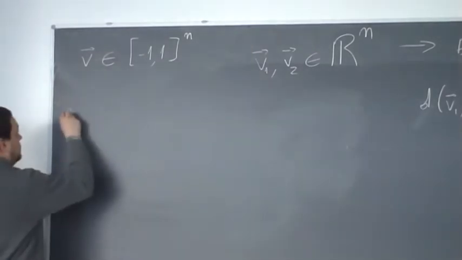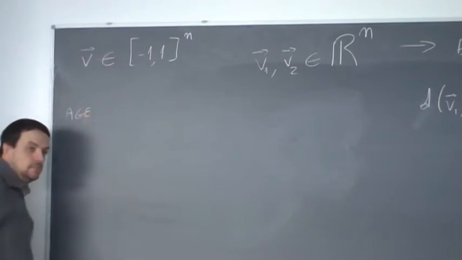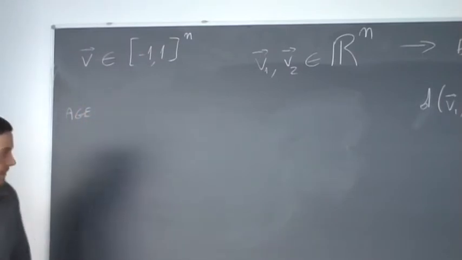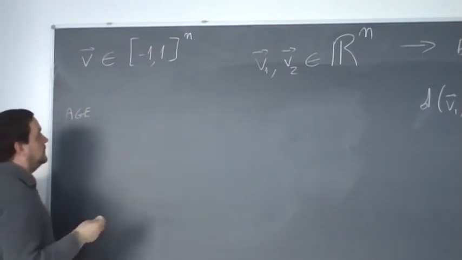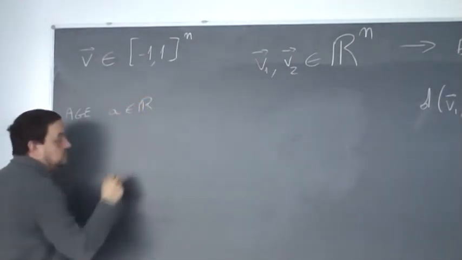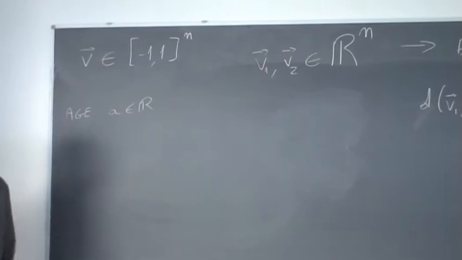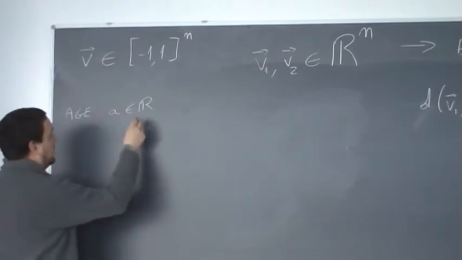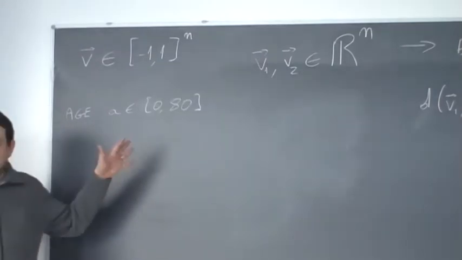The age, rather than, okay, it's a real number in the reals, and you can assume that it varies actually from 0 to 80.